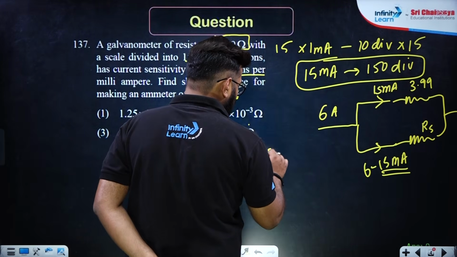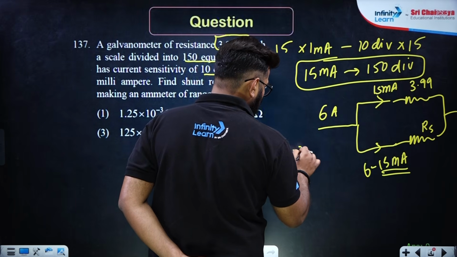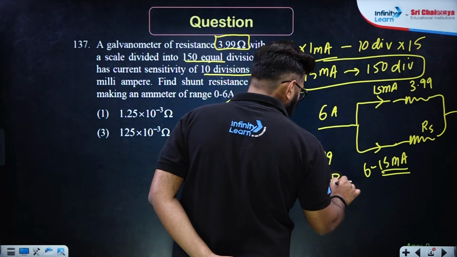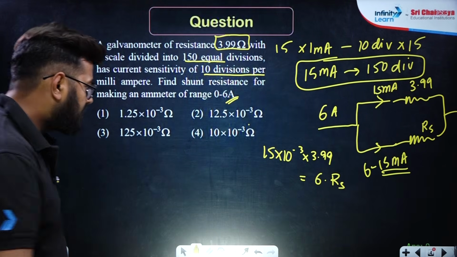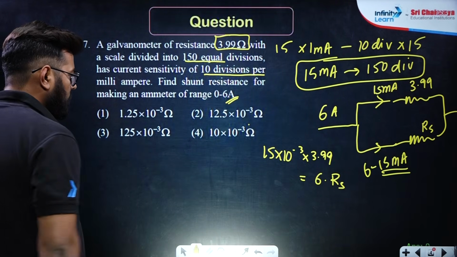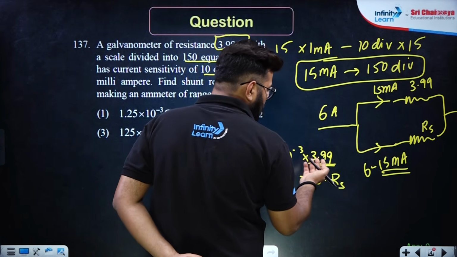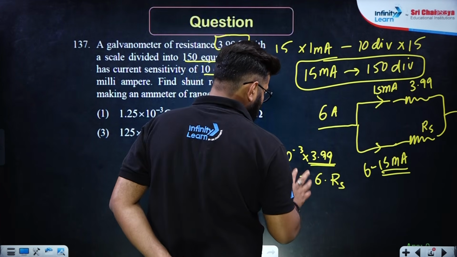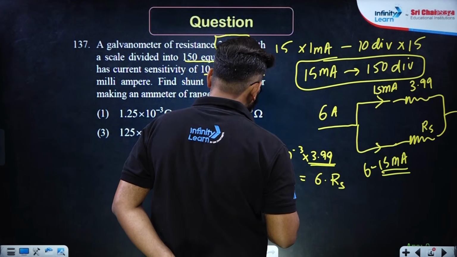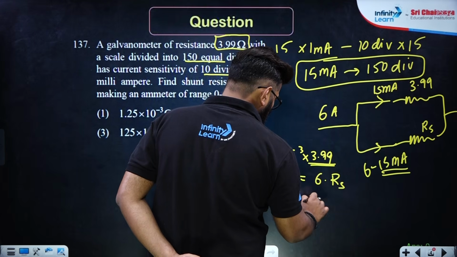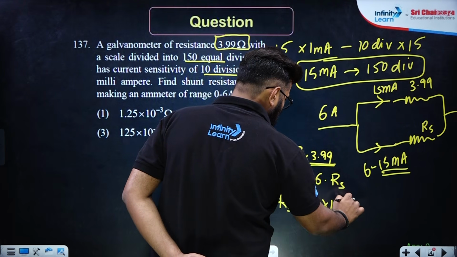So 15 into 10 raised to the power minus 3 into 3.99 is equal to 6 into RS. You can consider 3.99 nearly equal to 4, so 15 fours are 60. This will be 6 into 10 raised to the power minus 2, and the 10 will go. So RS will be equal to 10 into 10 raised to the power minus 3. Option number 4 will make sense.